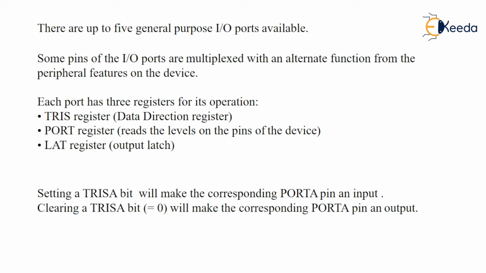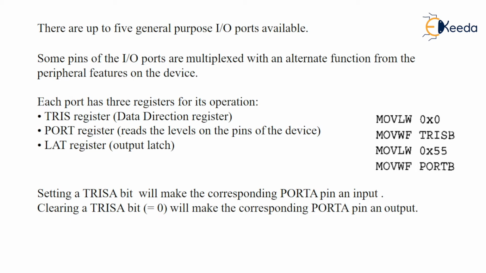If you want to interface an LCD, LED or motor, that means you are giving output to that port. So clear that port, or give 0 to that particular bit or whole port.